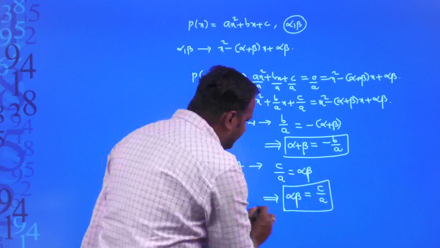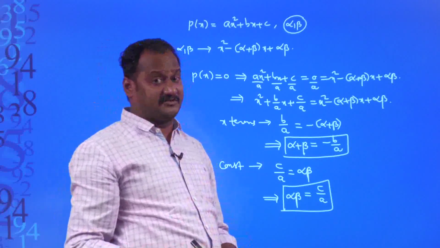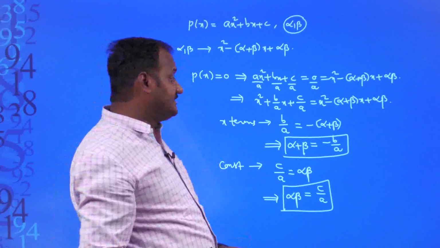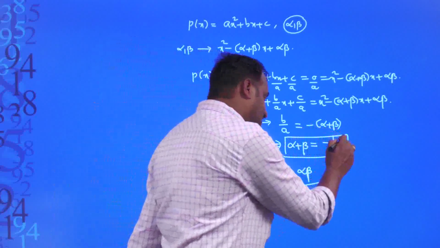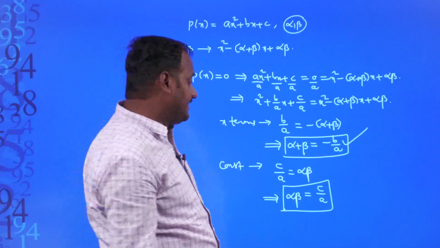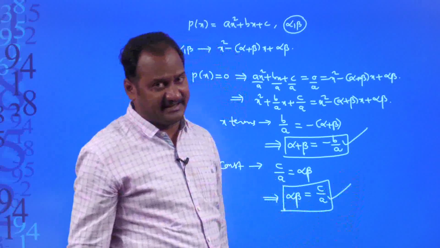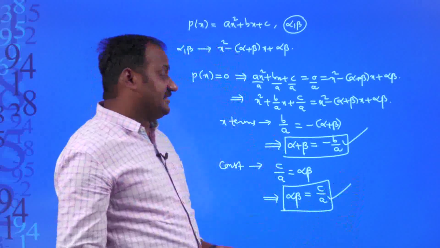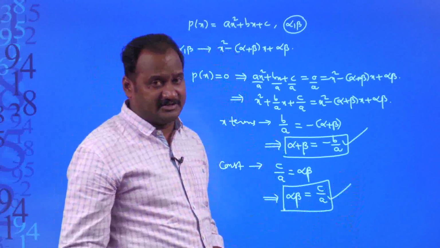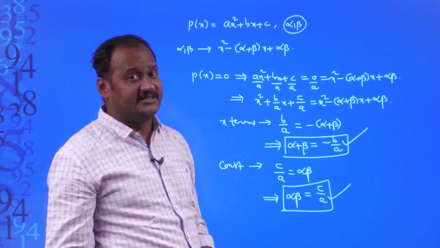With this I can understand one thing, that without actually finding the zeros of the polynomial, I can easily figure out the sum of the zeros by using alpha plus beta equal to minus b by a, as well as the product of zeros alpha into beta is equal to c by a. So please remember the formula for the sum of the zeros as well as the product of the zeros of any second degree polynomial in the form of ax square plus bx plus c.